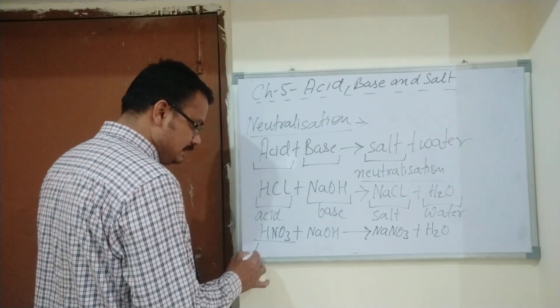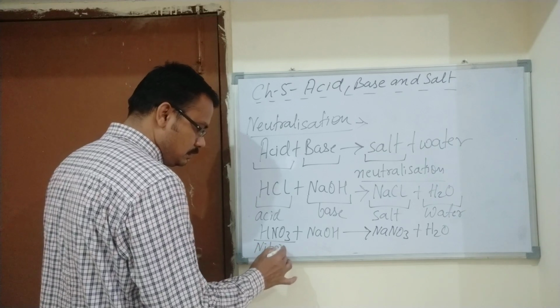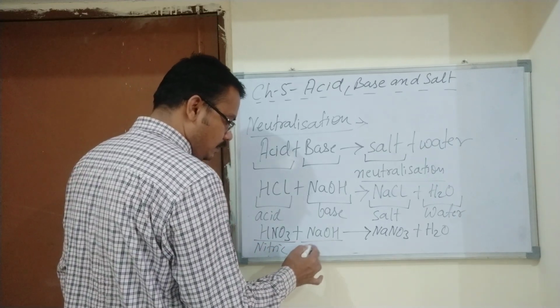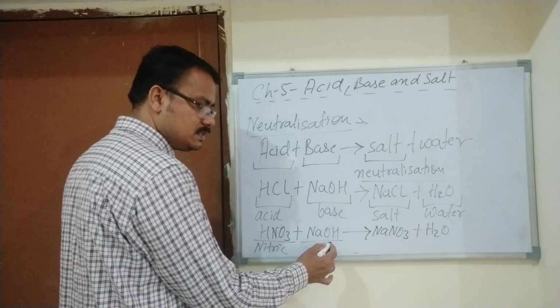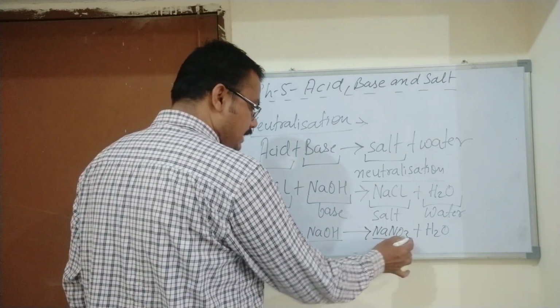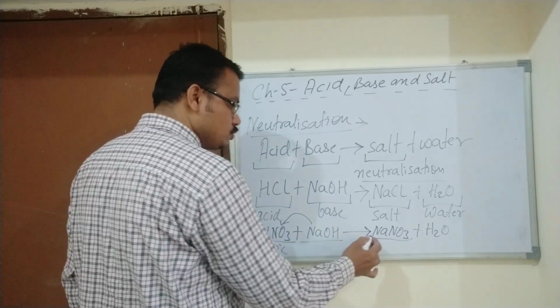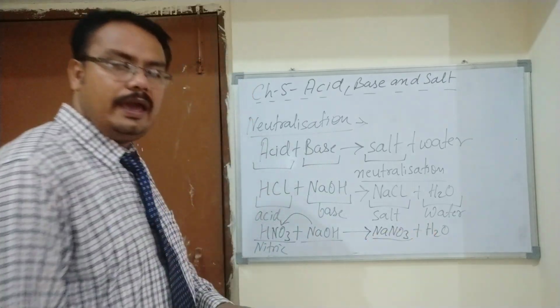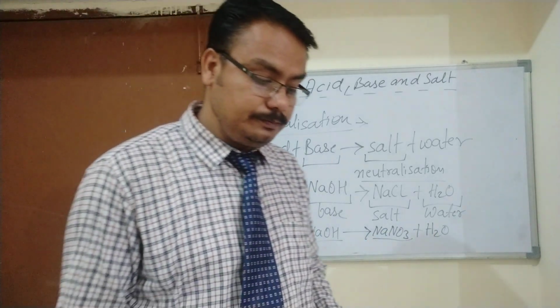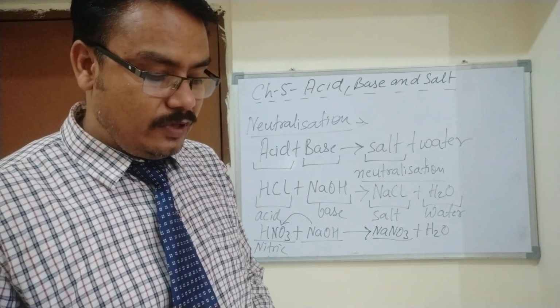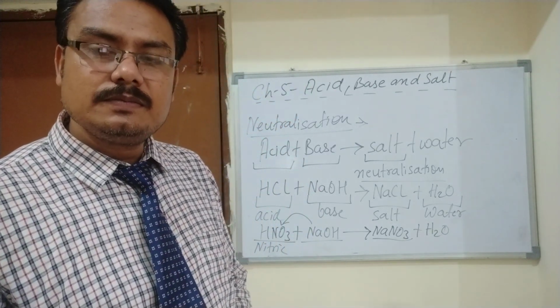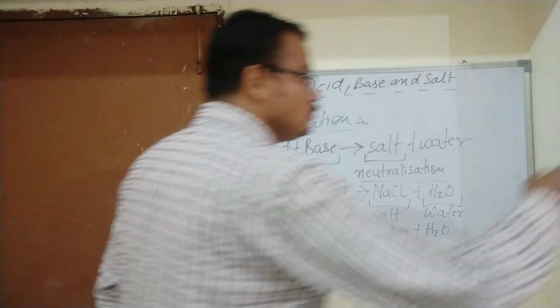So when nitric acid comes in contact with a base, that is sodium hydroxide, it forms sodium nitrate. Sodium reacts with nitrate to form sodium nitrate, and H2O, water, is formed. Same way with sulfuric acid. One more example I am going to explain.